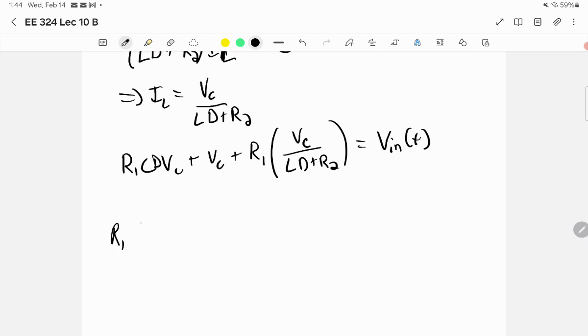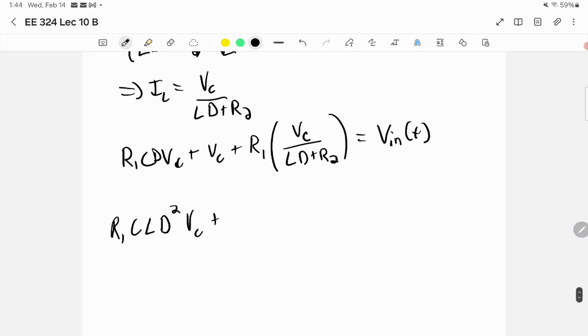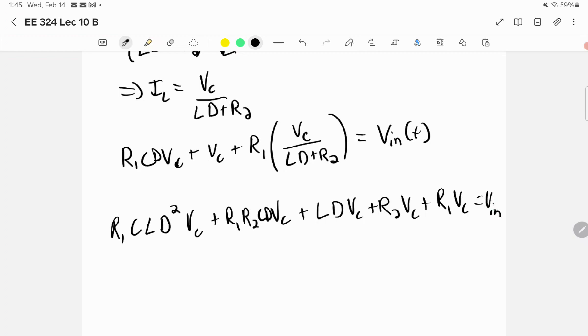So I get R1 C L D squared Vc plus R1 R2 C D Vc plus L D Vc plus R2 Vc plus R1 Vc is equal to, sorry, I have to multiply that, right?